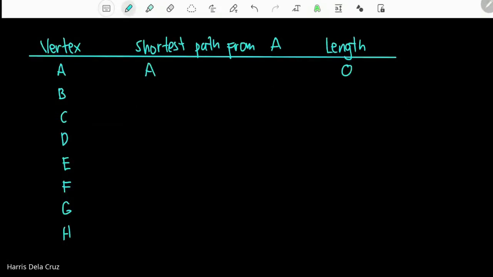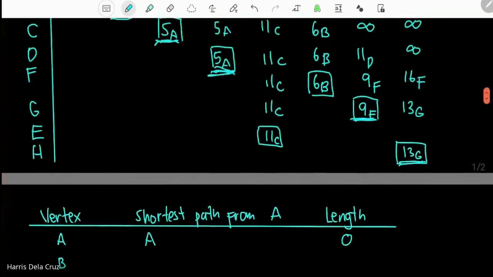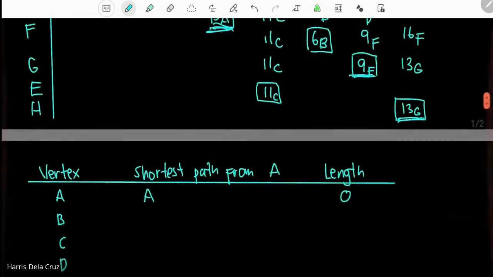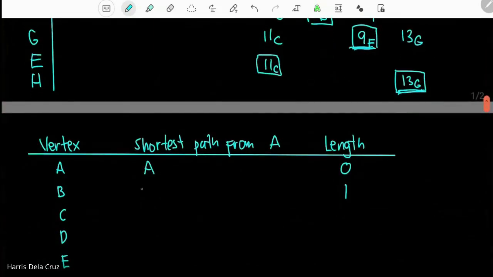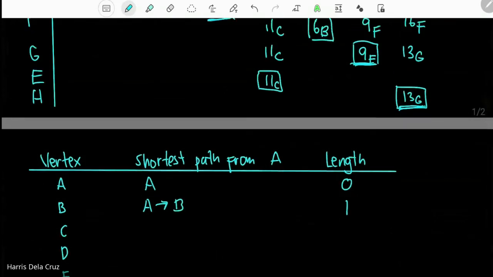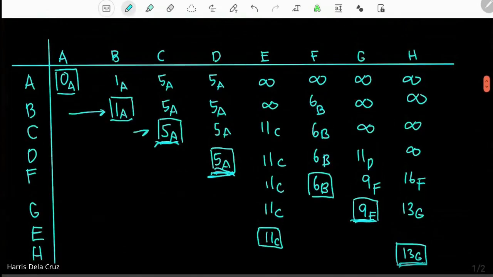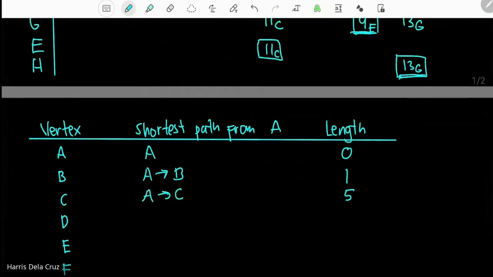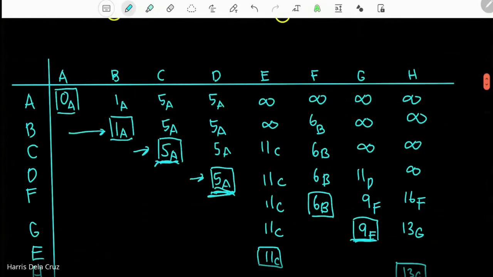The shortest path to B, according to our Dijkstra's algorithm, is 1A, so that's a distance of 1 coming from A, directly A to B. Similarly for C, the shortest path is 5 coming from A, so a length of 5 and the path is A to C. For D, it's 5A as well.